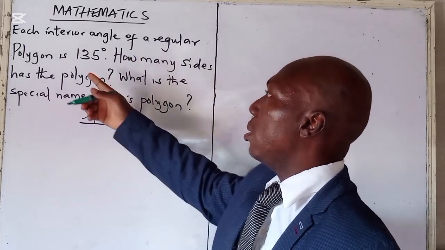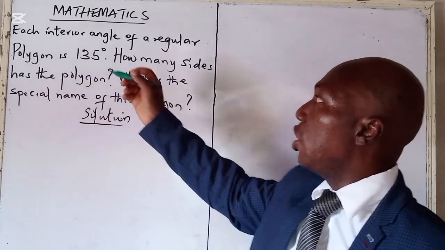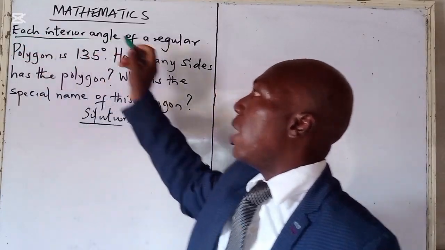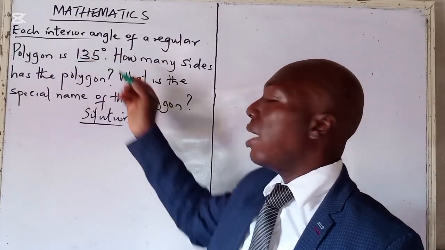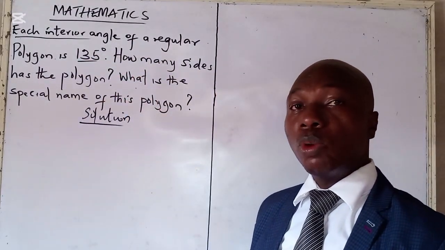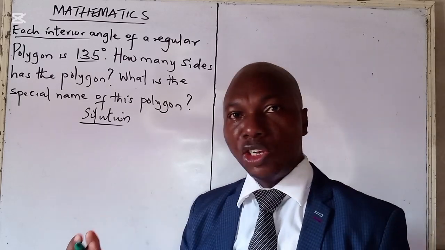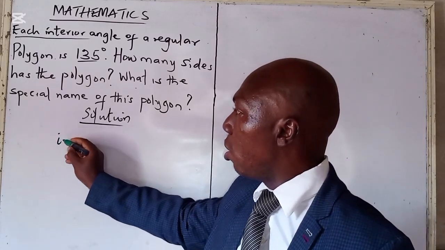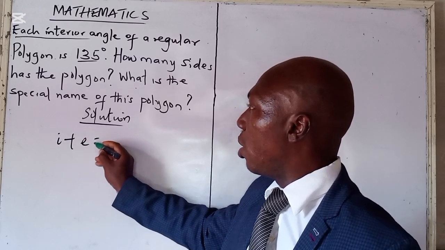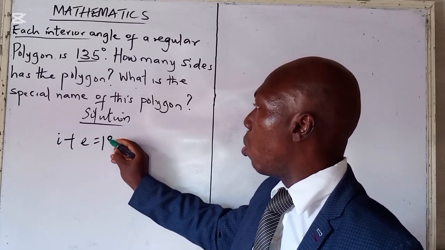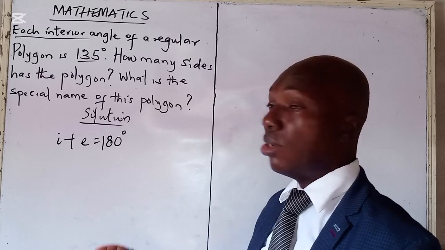Since it's a regular polygon and each interior angle is 135, then we can know each exterior angle. In my introduction, I gave interior angle plus exterior angle equals 180 degrees.